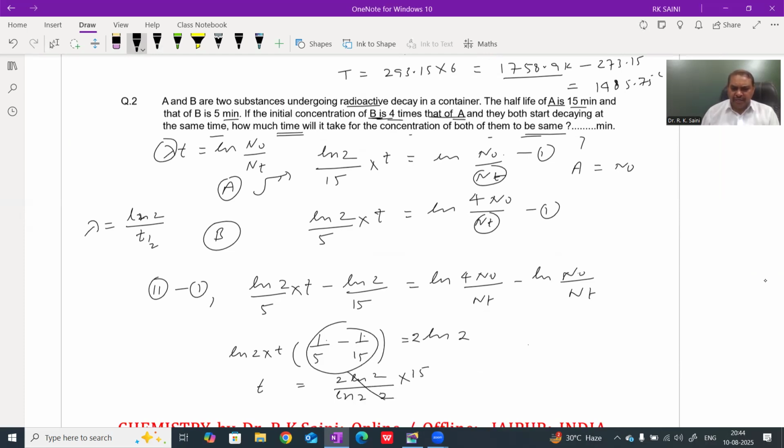Therefore this value cancels out and the answer is 15. The answer is 15 minutes. Okay. Question number second is done. Question third.